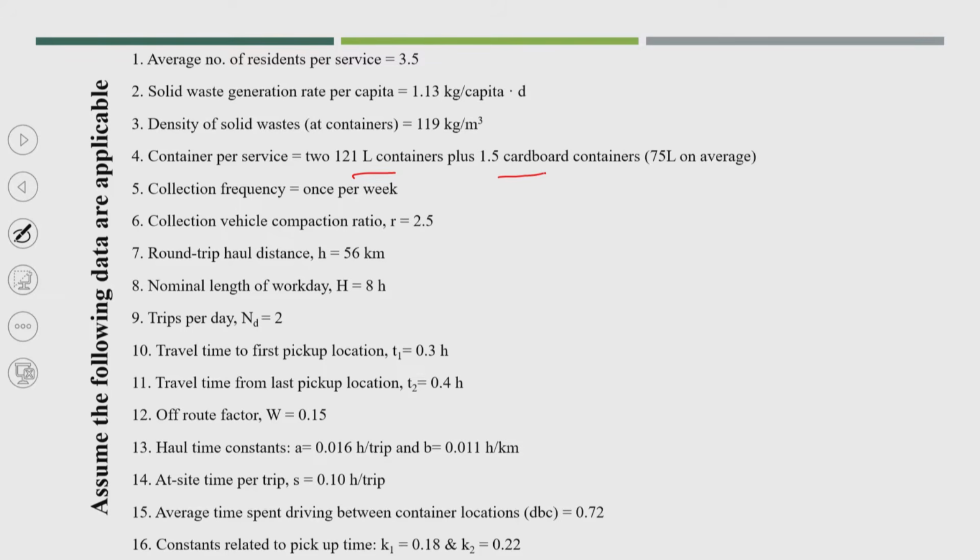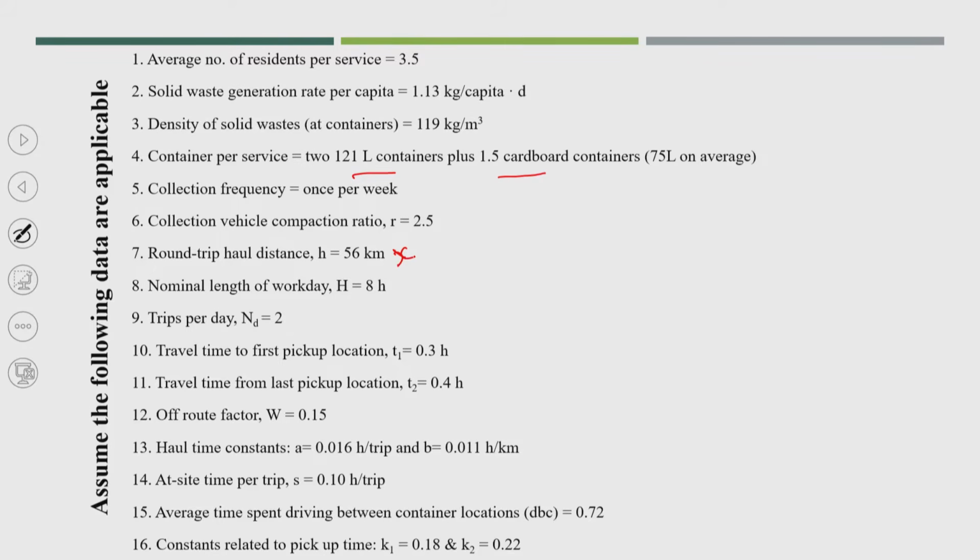And the collection frequency is once per week, and the collection vehicle compaction ratio is 2.5, meaning the vehicle is a compactor vehicle. The round trip haul distance is 56 kilometer, so the x value is given here.